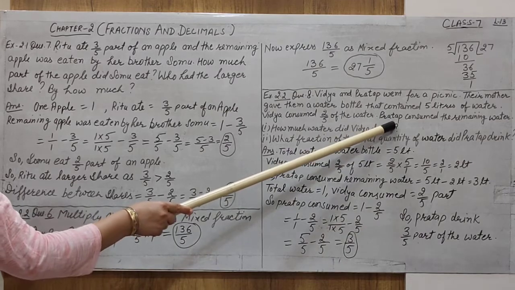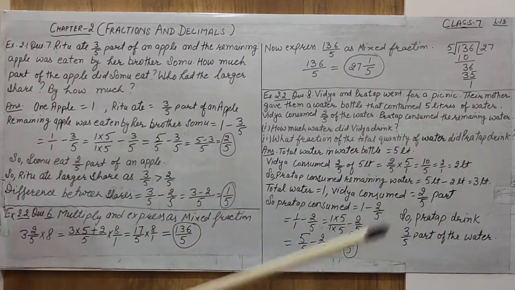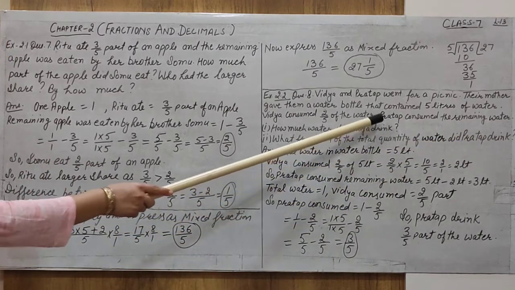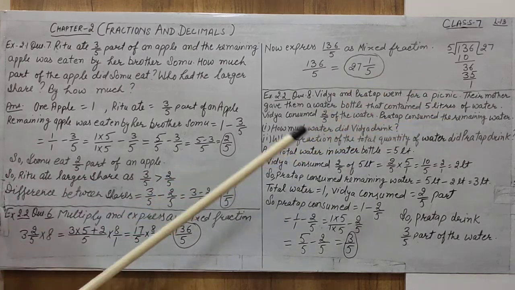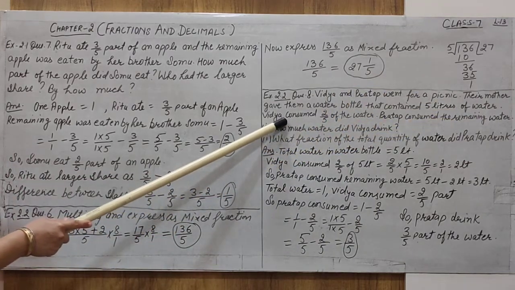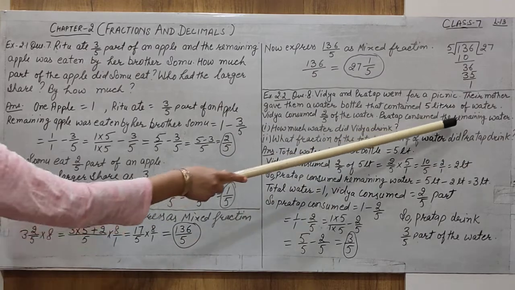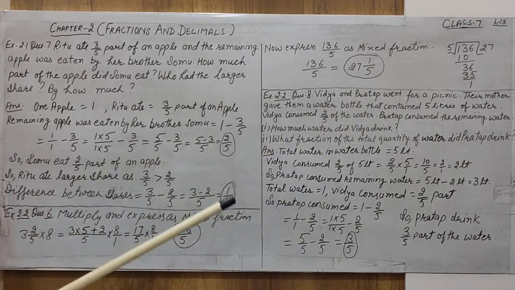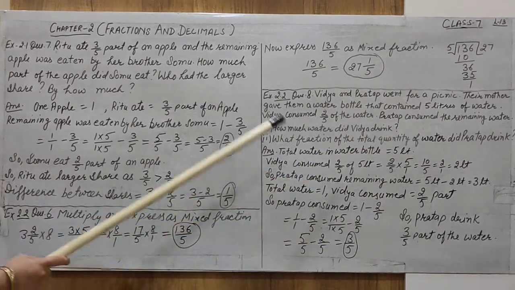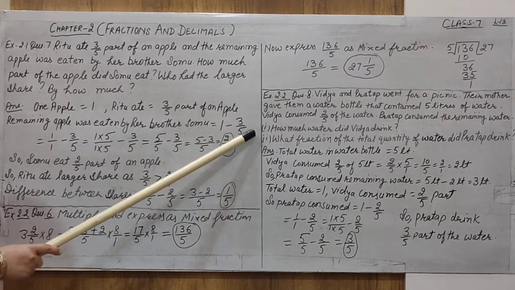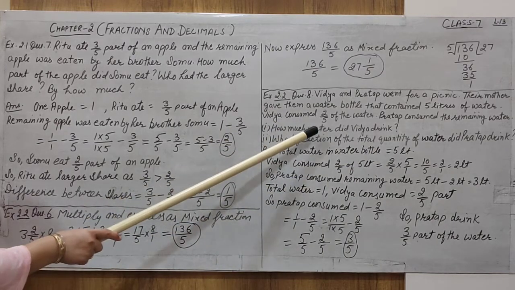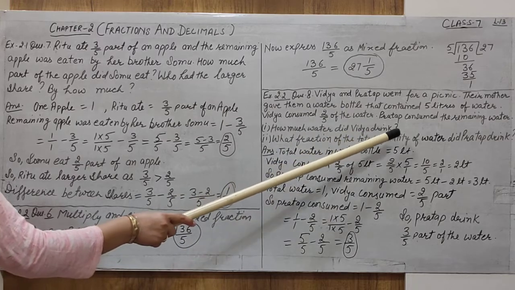Second line, Pratap consumed the remaining water. It means what did Pratap do? Pratap took the remaining water. First Vidya consumed, then Pratap consumed the remaining water. How much water is remaining? We must find out. Now, answers for these two questions. How much water did Vidya drink?